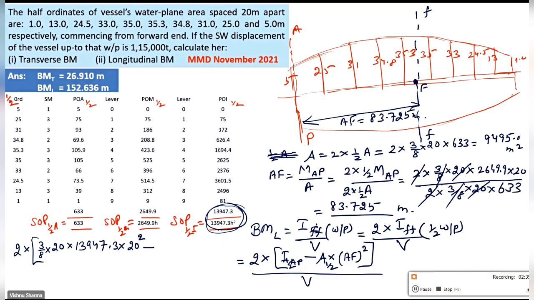How much did we get for half area? Can you divide 9495 by 2? How much does it come to? It will be 4747.5.